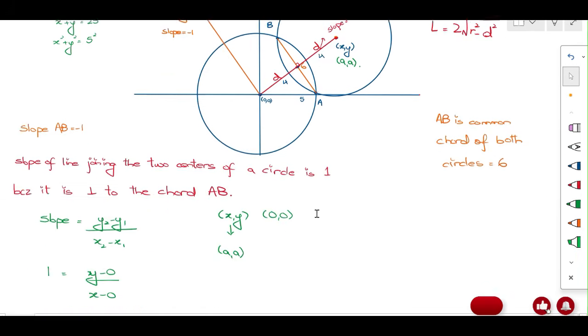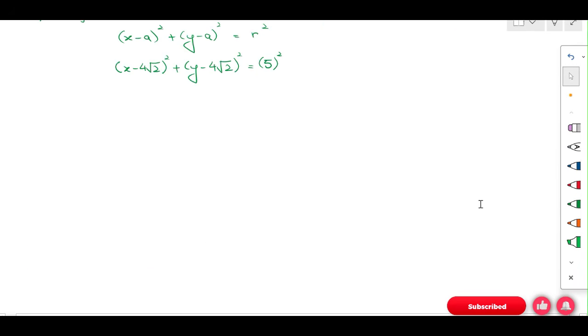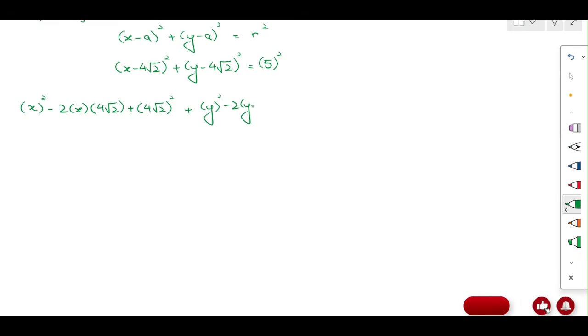Okay, so it is better to open the squares using (a minus b) whole square. So this is x square minus 2 into x into 4 root 2 plus (4 root 2) whole square plus y square minus 2 into y into 4 square root of 2 plus (4 square root of 2) whole square, equals 5 square, which is 25.